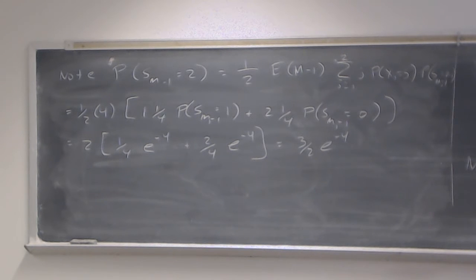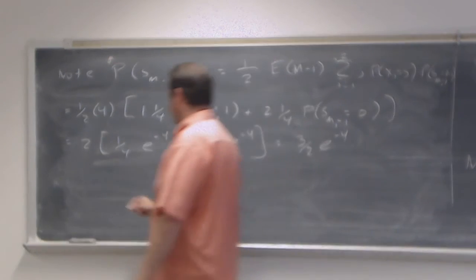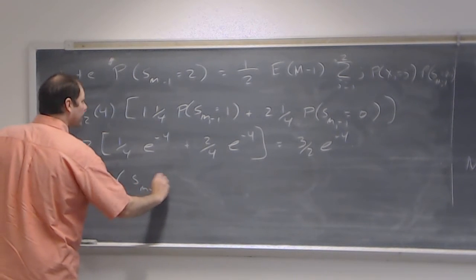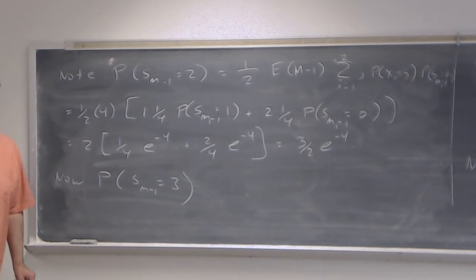Okay? All right, now what we need to know is what's the probability that S of M minus 1 is equal to 3. That was part of that computation. And so here's what I want to say about that.